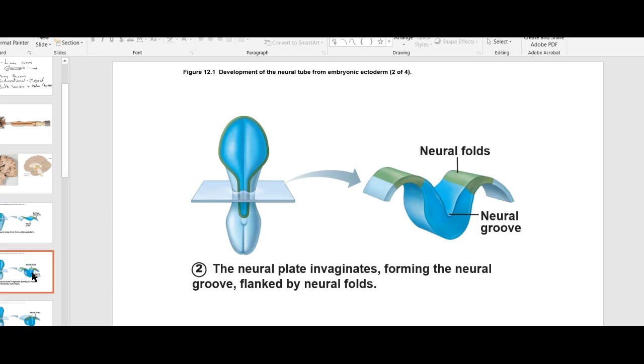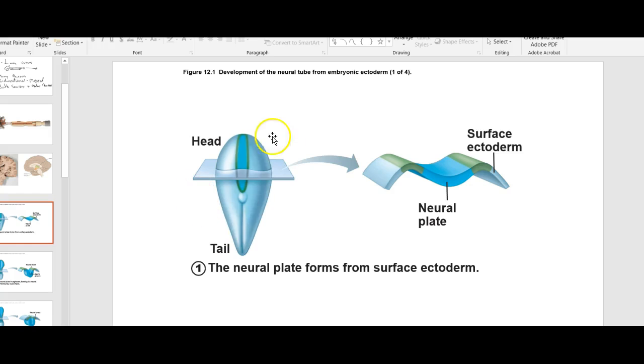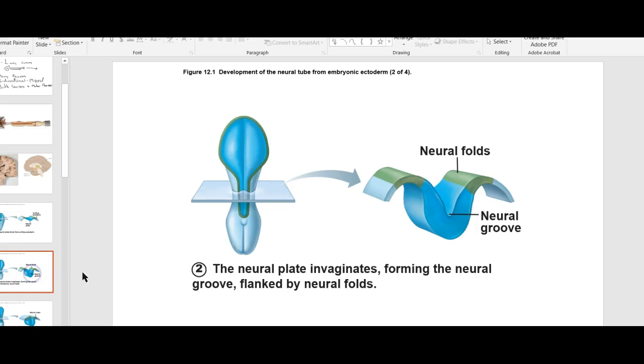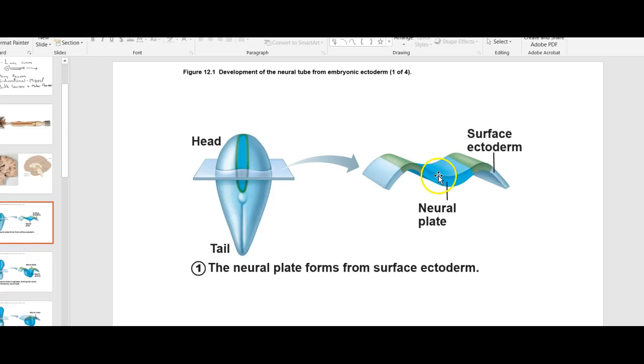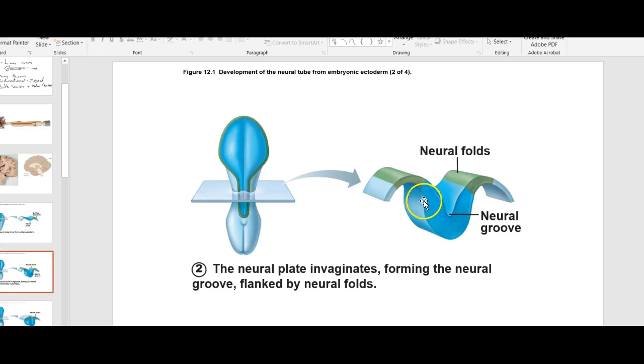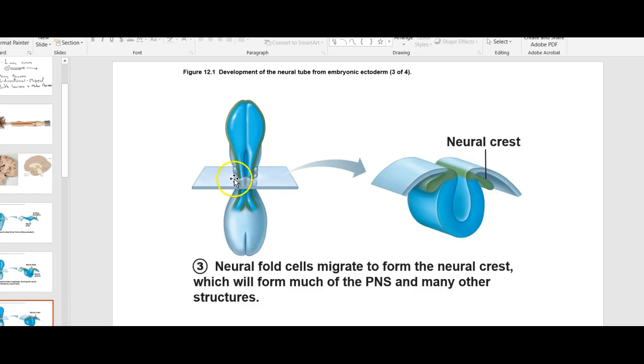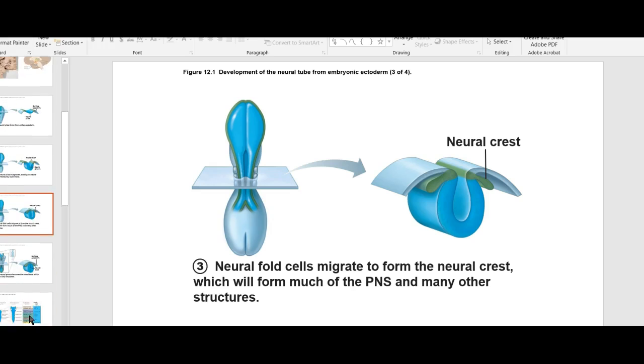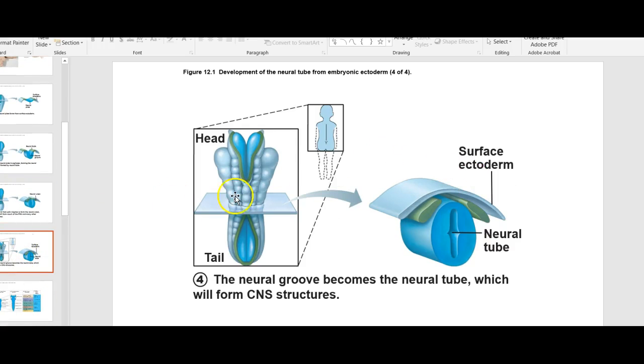As you are developing from this flat-looking tadpole sort of thing, what was the neural plate starts to infold and becomes the neural groove. You can see the groove is getting deeper here, and now deeper still, and it's starting to close, and eventually it'll close all the way up like it has here and form a neural tube.